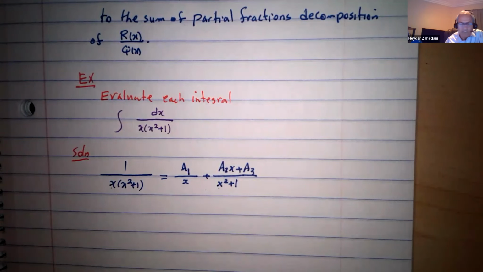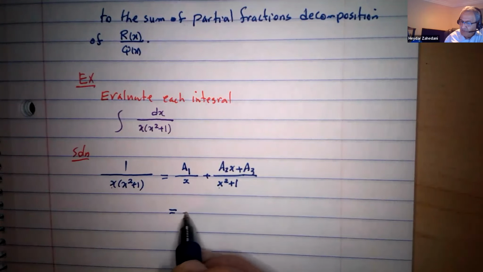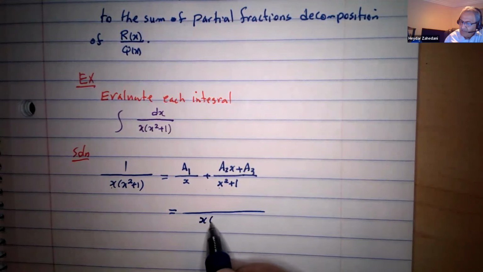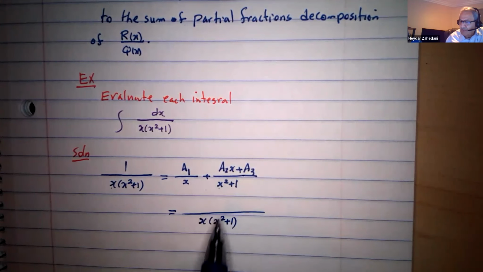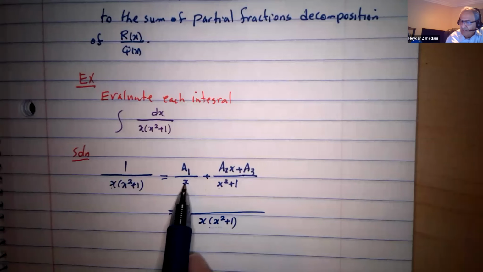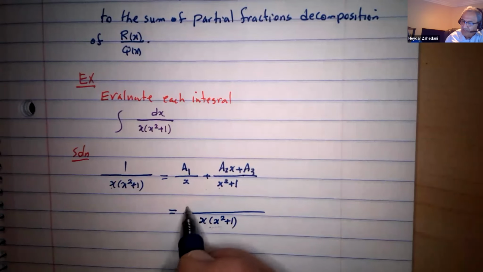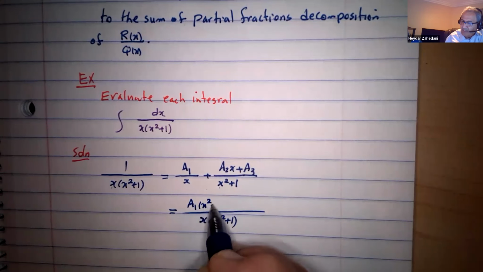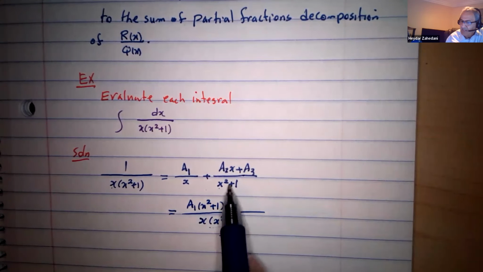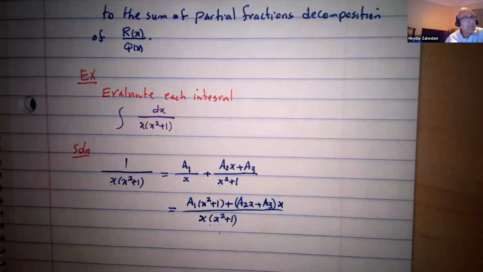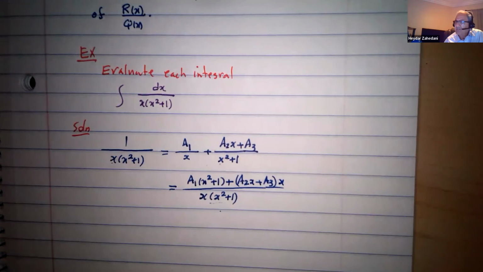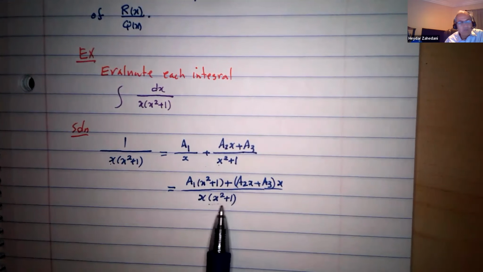Now find the common denominator as we did for the other one. The common denominator is going to be x times x squared plus 1. On the top, dividing by the old denominators, x and x will disappear. You get a1 times x squared plus 1, plus a2x plus a3 times x. It's like cross multiplication.